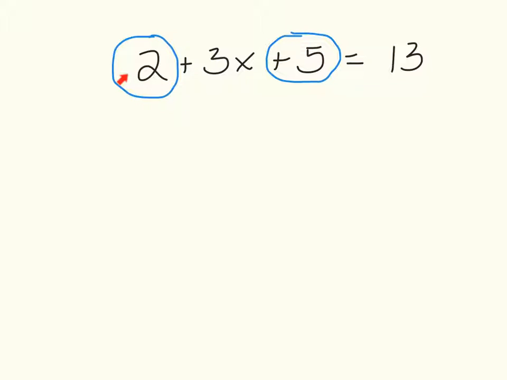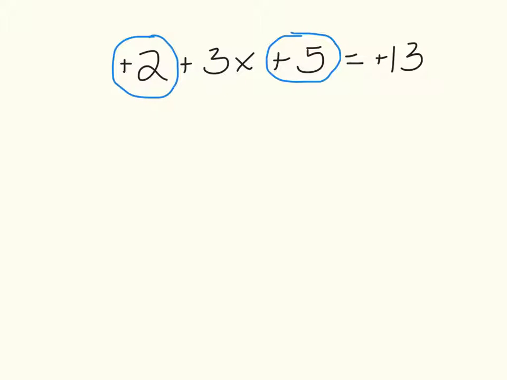Yeah, it's positive. If there's nothing written there, we always assume that it's a positive 2. If it's a negative 2, we'll always write the negative in front of it. So what this problem really said all along was positive 2, positive 3x, positive 5 equals positive 13. I can add in those positives at any point, and my math will still be correct.